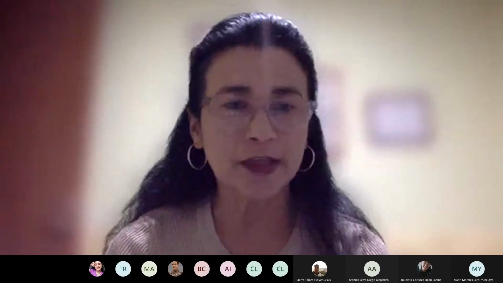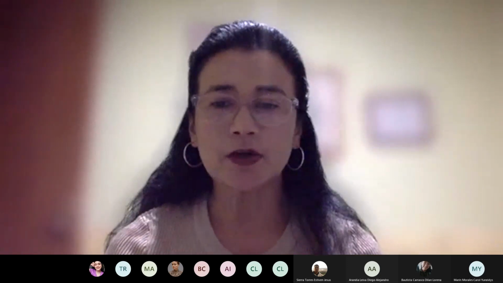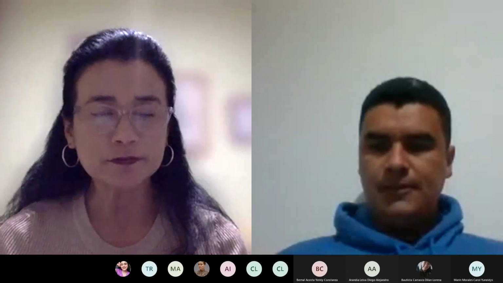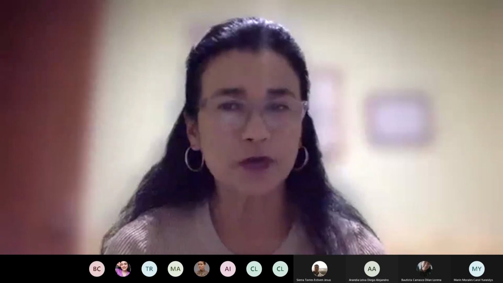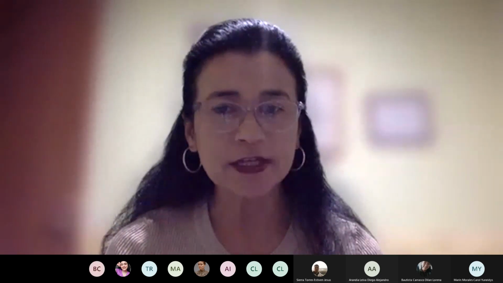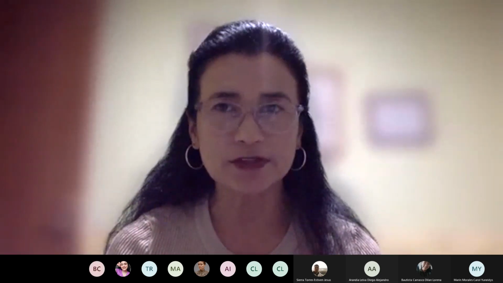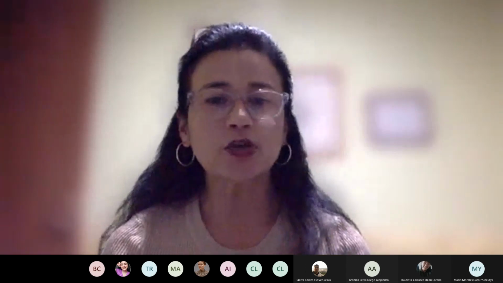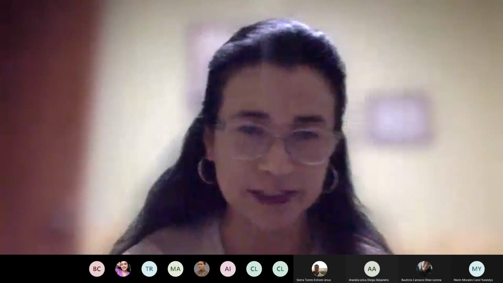The first activity that we are going to do is connected with the simple past. Then we are going to check the use of the present perfect. And then after the present perfect, we are going to do another exercise in order to practice and to check if you have used the present perfect tense.